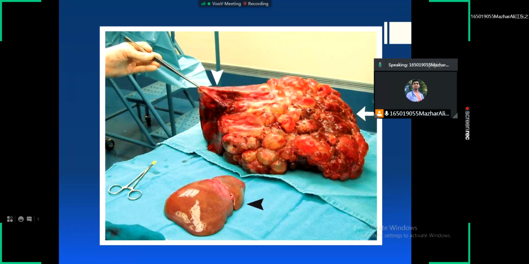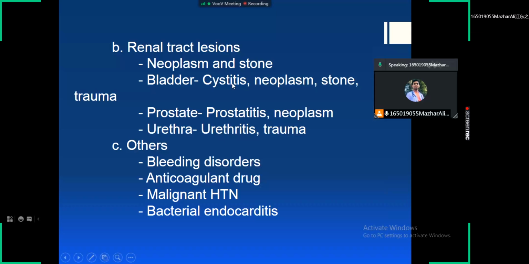They did a nephrectomy. Then there are renal tract lesions which can lead to hematuria, like neoplasm and stone. In the bladder: cystitis, neoplasm, stone, trauma. For the prostate: prostatitis and neoplasm. For the urethra: urethritis and trauma.